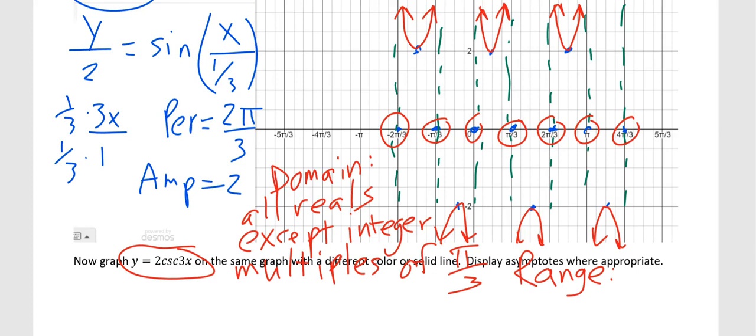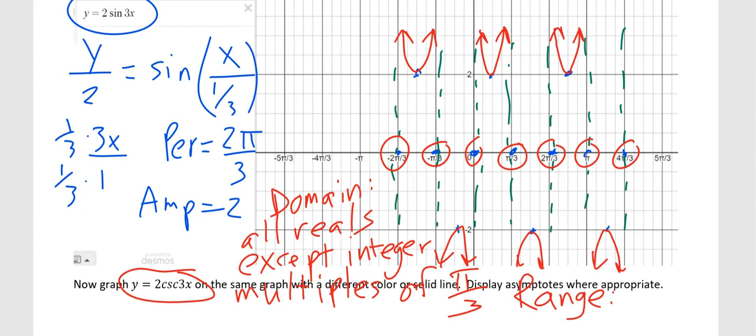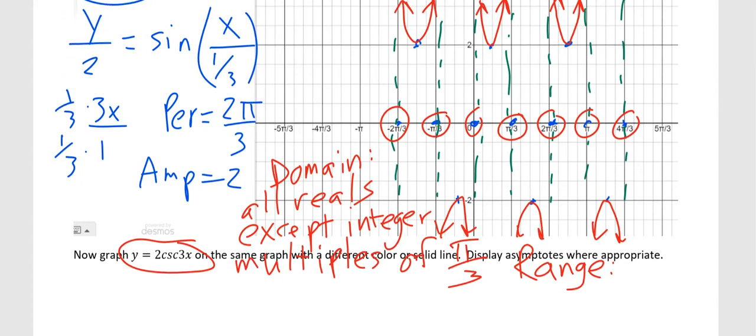All reals minus integer multiples of pi over 3. Yeah, I'll take that. He was just asking if we could write this domain in a format like this: all reals minus, and then in these brackets, integer multiples of pi over 3. Yeah, that'll work. Okay, so how about that range?